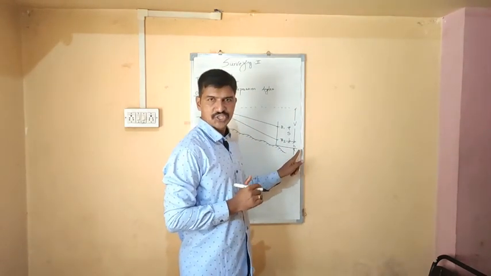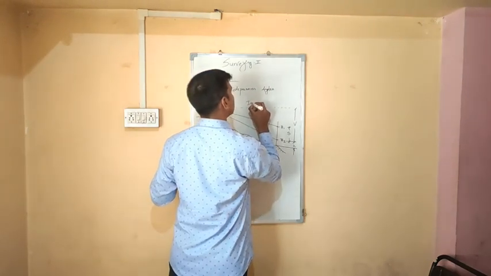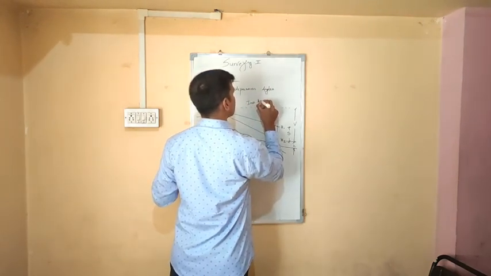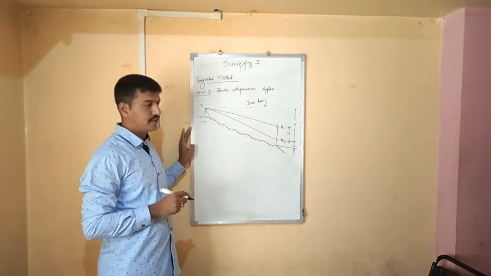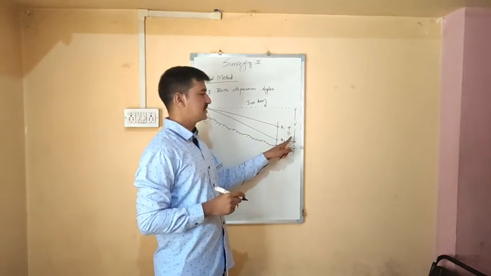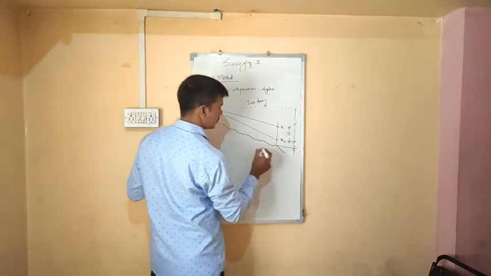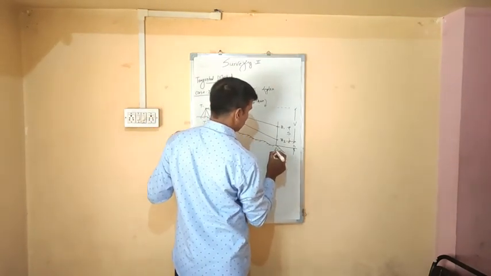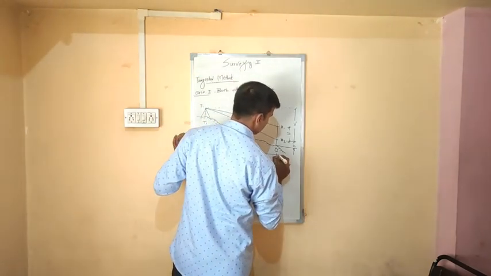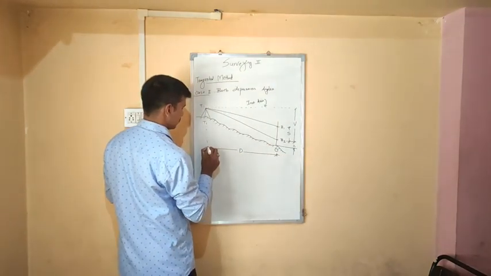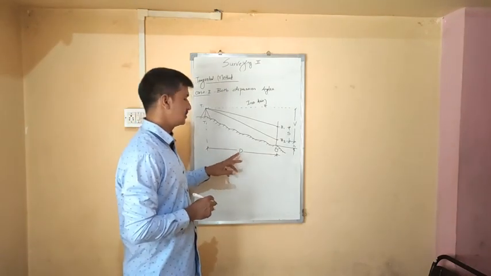B2 to the ground is h, B2 to the instrument axis is vertical component V, and B1 to B2, that distance is S. From instrument station P1 to the start station O, this distance is say B. Our aim is to find out this distance D.